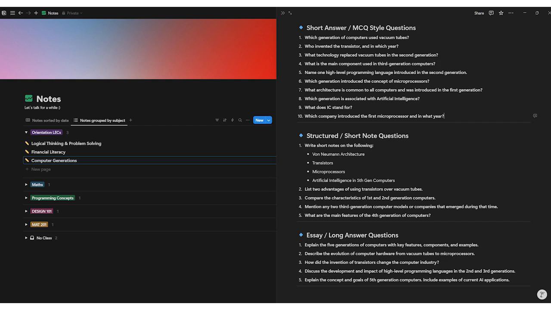Let's talk about third generation. The key technology they used is IC, integrated circuits. They used many transistors to build ICs. The time period is 1964 to 1971. In third generation we also used IBM computers.